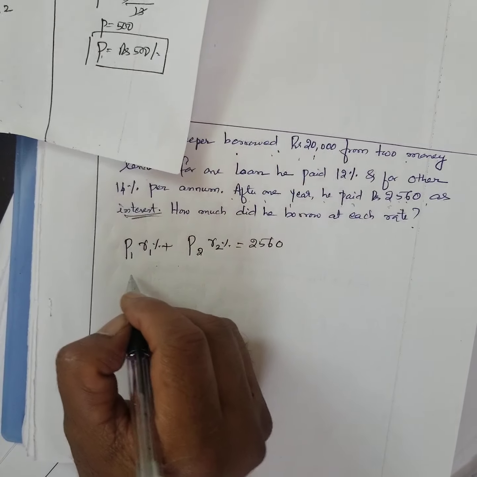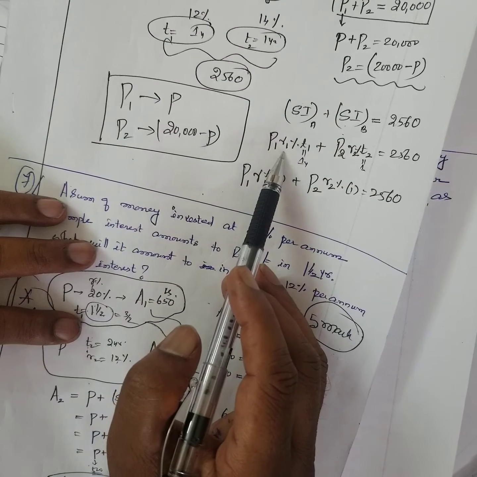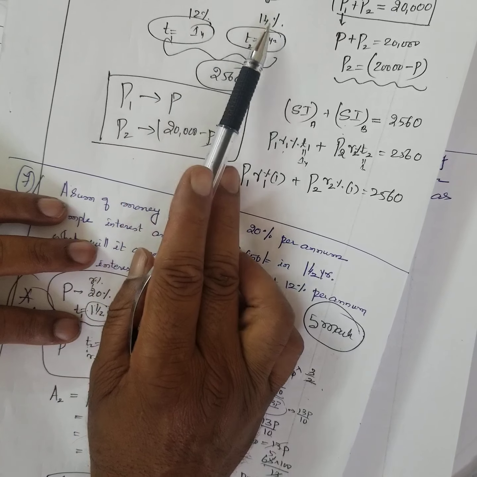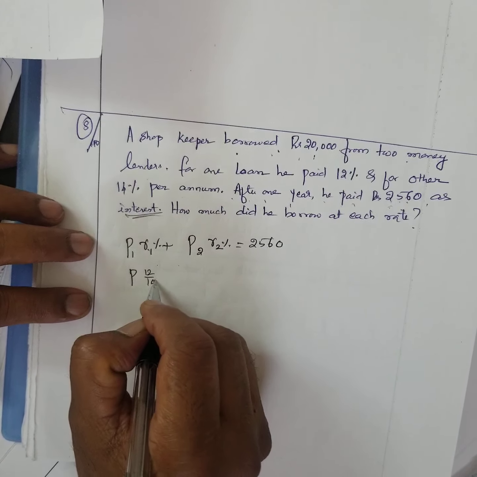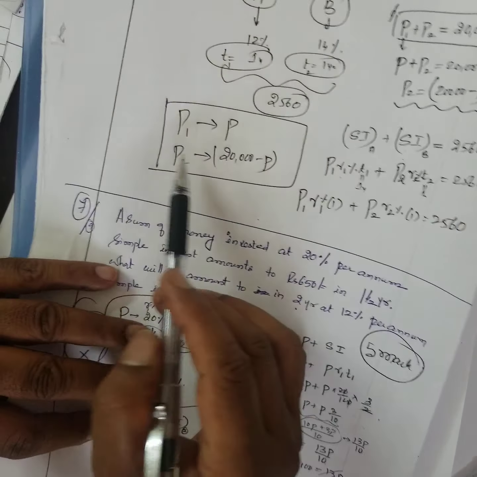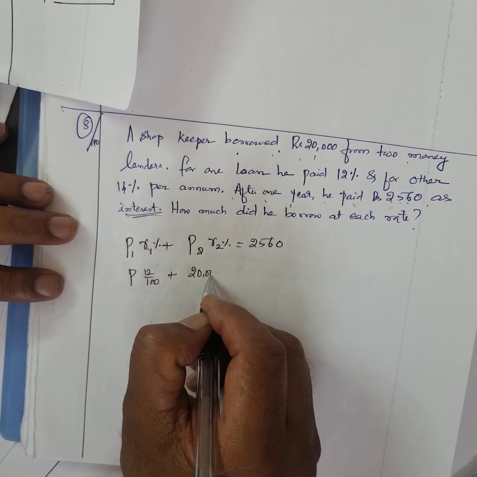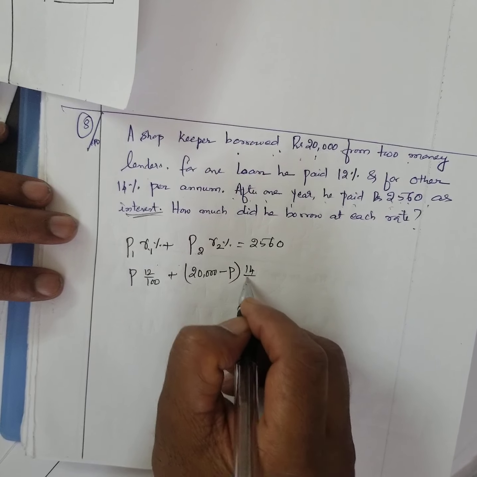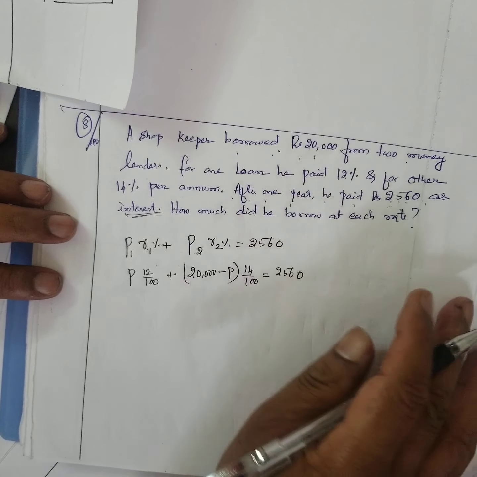P1 is P. What is R1 percentage? R1 is 12%. R2 is 14%. Year is 1 only. What is the P2 value? P2 is 20,000 minus P. That means 20,000 minus P, R2 is equal to 14%, is equal to 2560.